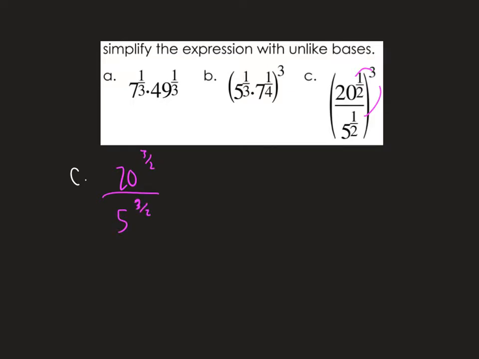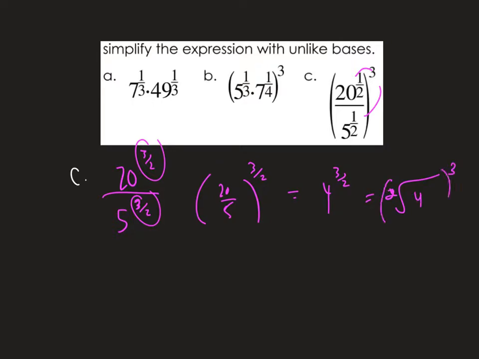Now if we have both of these to the 3/2, then that's essentially 20 divided by 5 to the 3/2, which is 4 to the 3/2. That's the square root of 4 cubed, which is 2 cubed, which is 8. All that for 8.